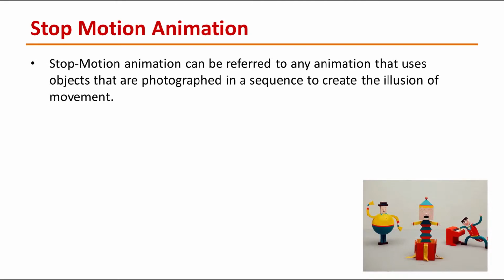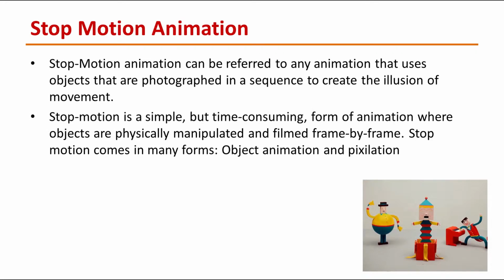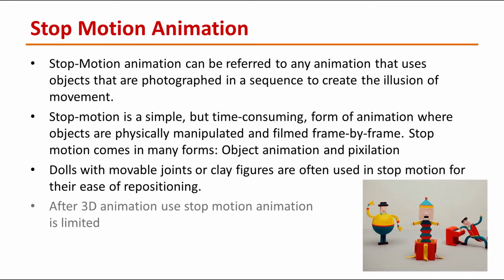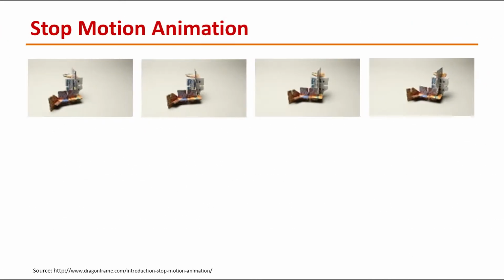Next is stop motion animation, also called stop frame animation, that is captured one frame at a time with physical objects that are moved between frames. When you play back the sequence of images rapidly, it creates the illusion of movement. Stop motion can also be done with puppets, cutouts, silhouettes, and even action figures.